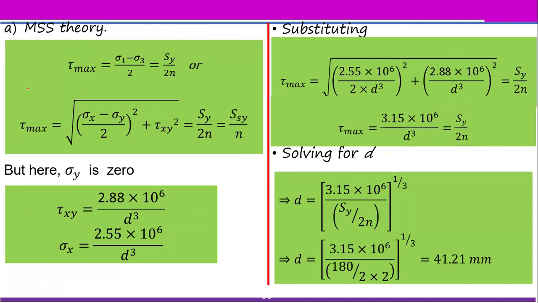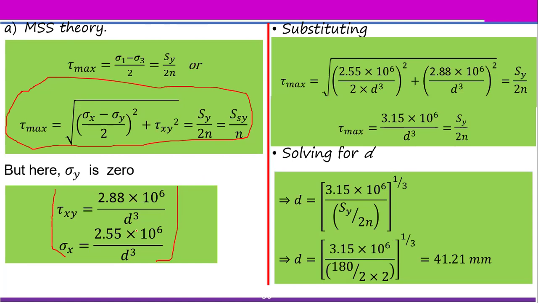In this case, this equation will be appropriate to use because the stresses that we have are all applied stresses or working stresses. So you need to substitute the values that we have got earlier, the shear stress value along xy and normal stress along x direction, from our previous analysis.